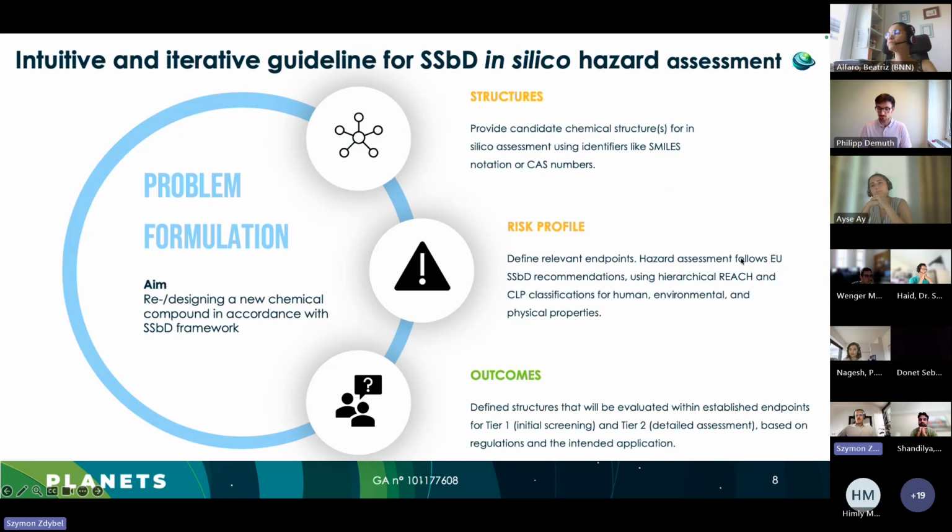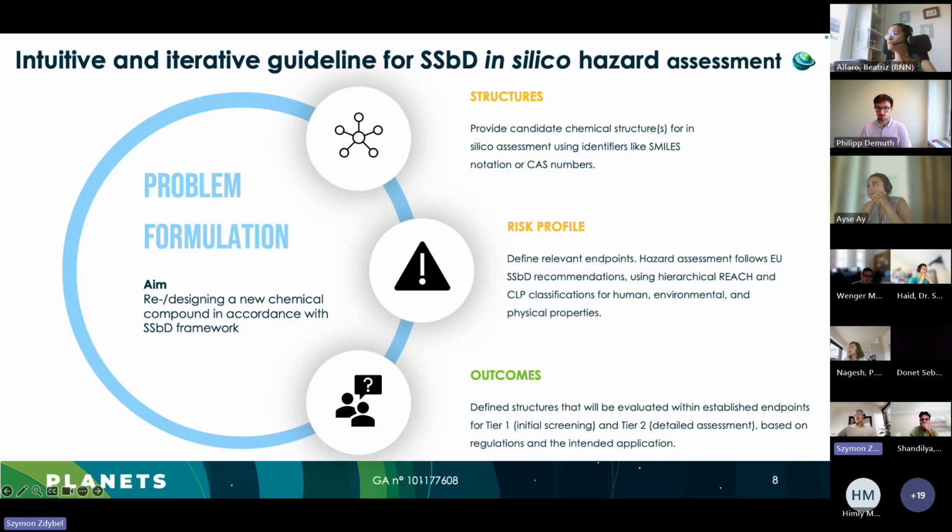So the very first step is the problem formulation. At this stage, our main aim is to identify chemicals of concern, so we can redesign or replace them by designing new similar ones. And first, we provide the candidate chemical structure for our in silico assessment. This requires standardized identifiers.